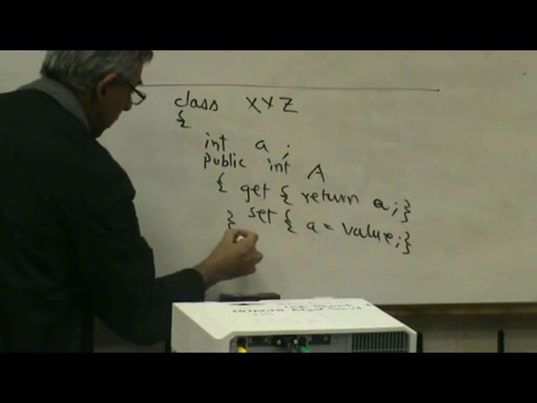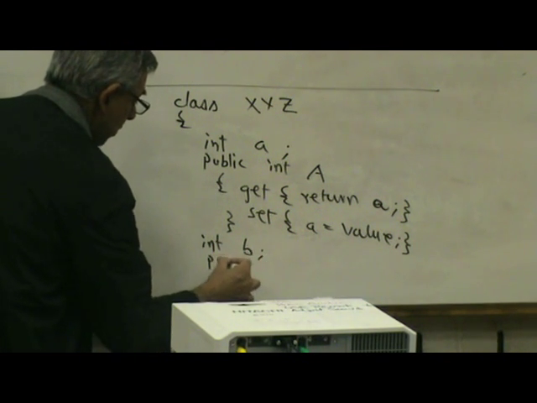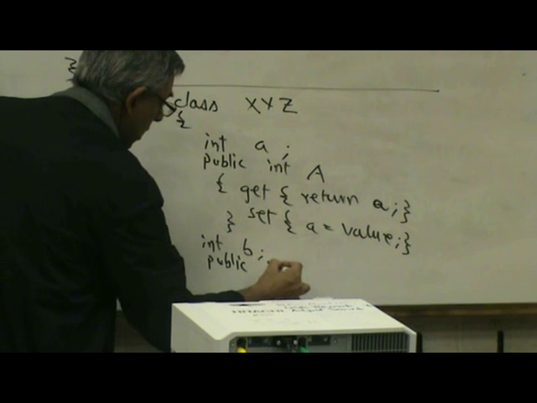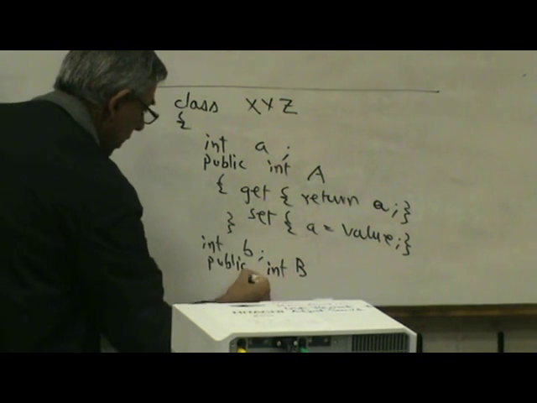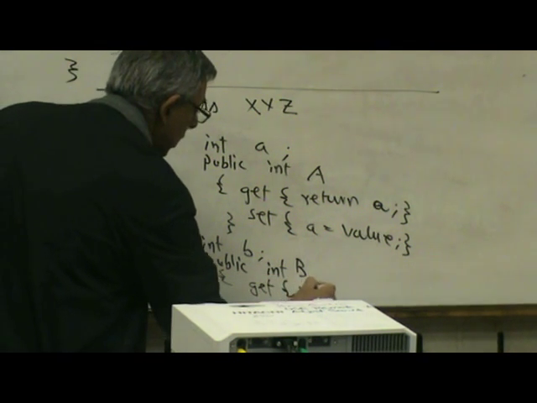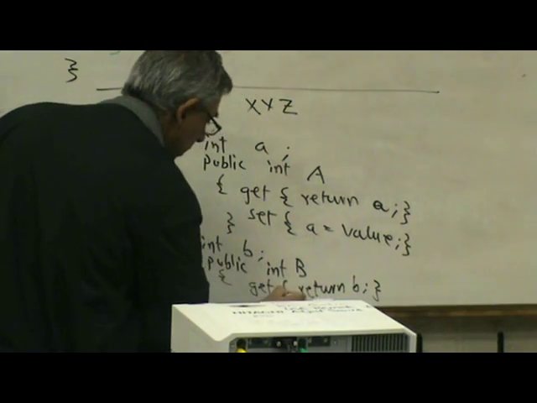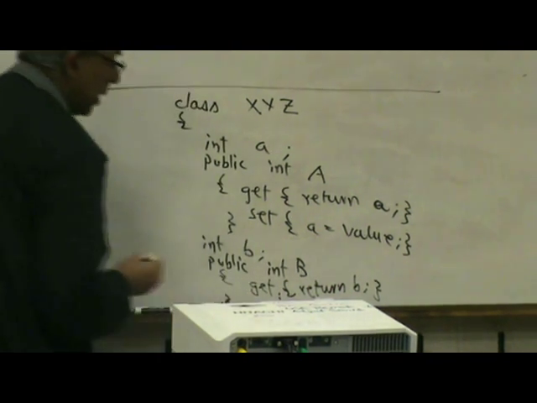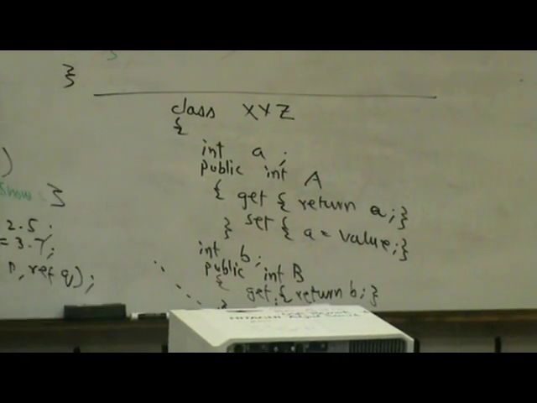And very similarly, you created one more int B, and then public int B, and then get, return B, right? And whatever the rest of it is. Okay, and you may have some other things over here, right?